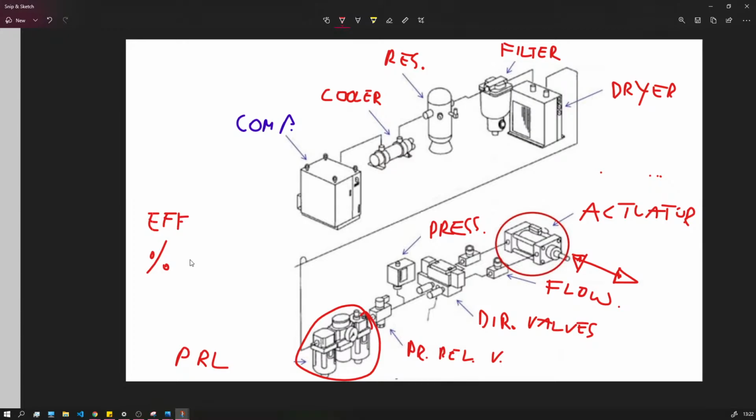What's the efficiency percentage in these pneumatic systems? If we put 100% of energy in here in the compressor, through the filters we lose some energy, going through the dryer, and if we use the dryer it actually consumes additional energy.